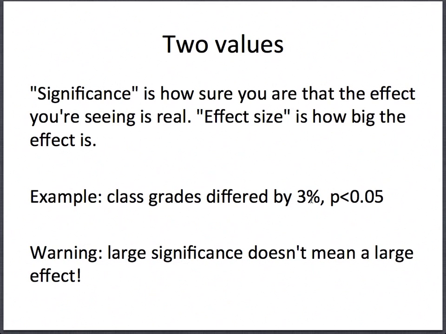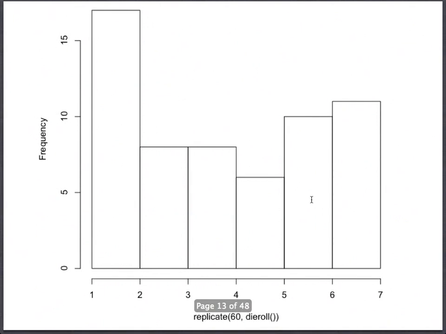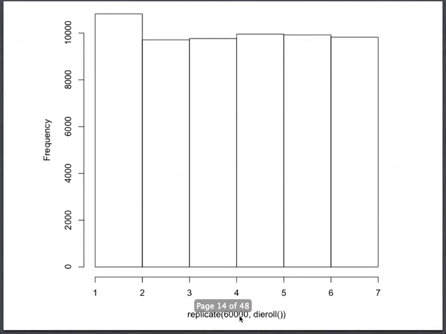You can have a very large effect and a small significance, where we see a huge difference but think it's quite likely due to chance. That was what we saw with this loaded die: big effect, small significance, because we know from our tests that you're going to see this about 10% of the time. Or you can have a tiny difference but be really sure, which is what we saw here.